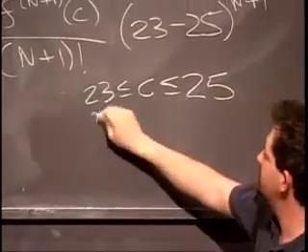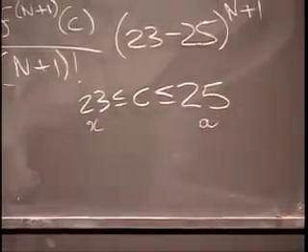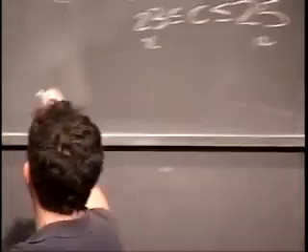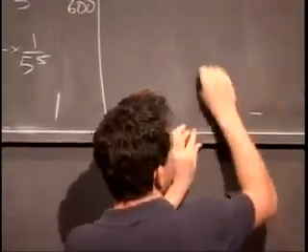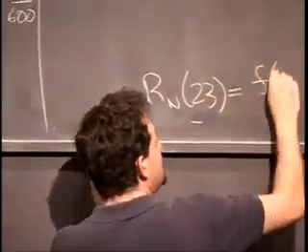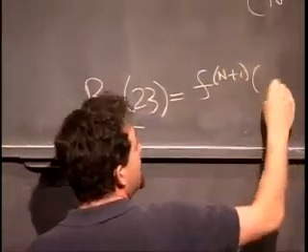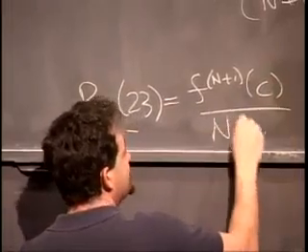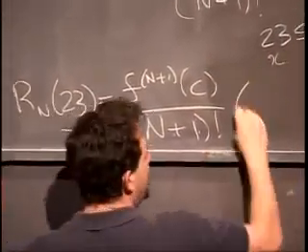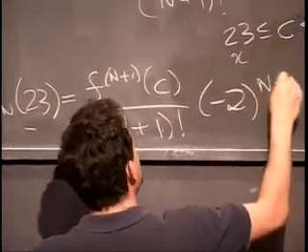Okay, so the error that we're looking for, let's simplify it a little bit, is this derivative, which we're going to have to grab from the table, at c over n plus 1 factorial times minus 2 to the n plus 1.